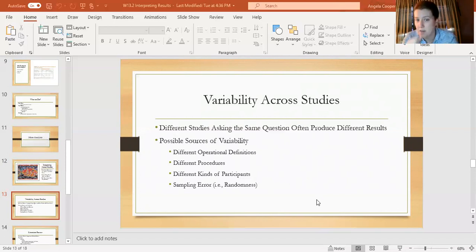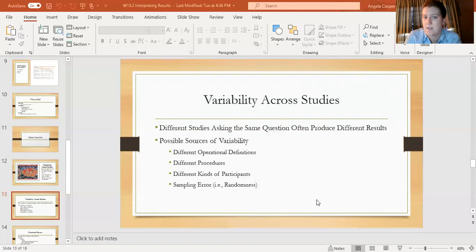Different procedures, too. Obviously different operational definitions kind of go hand in hand with having different procedures. You're not going to really have to worry about gathering participants to observe them if you're going to send them an online questionnaire. So different procedures could also increase the variability across studies.